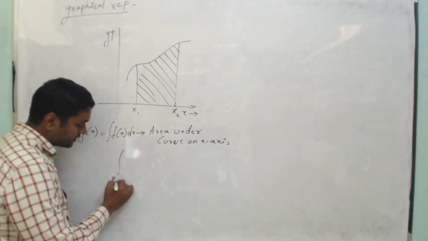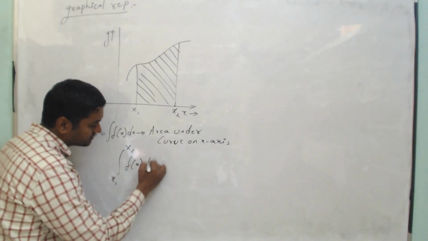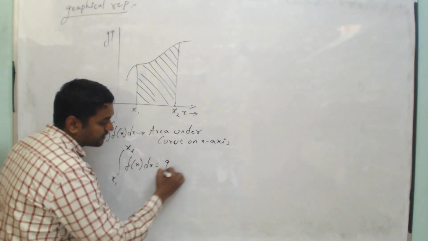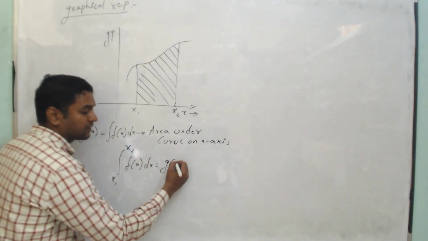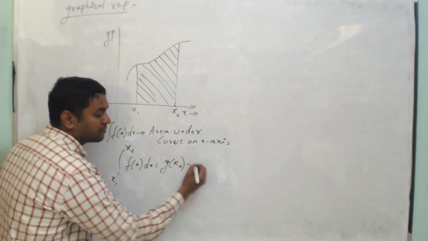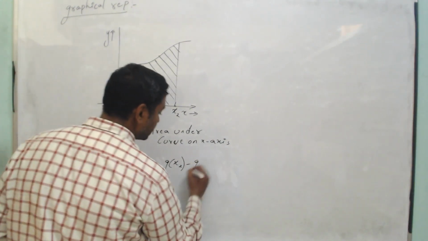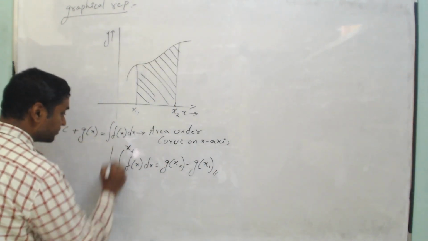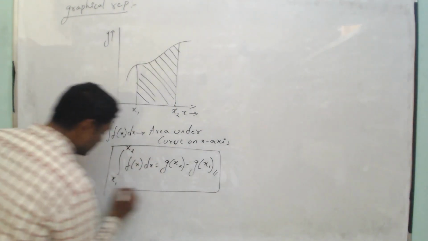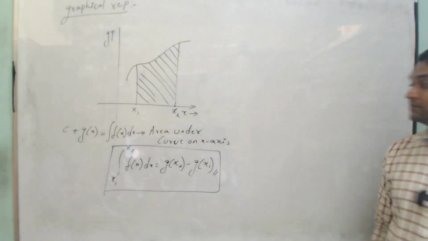Then from integral x1 to x2, f of x dx, I can write this as g of upper limit minus g of lower limit. And I don't have to write any plus c over here. Is this clear? Yes, sir.